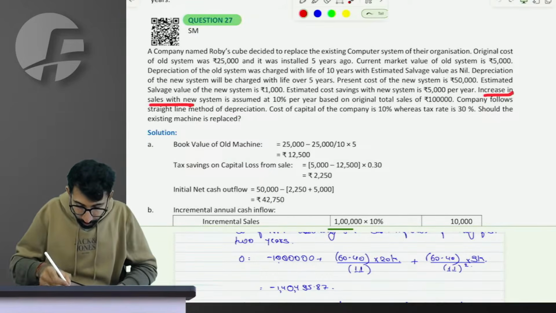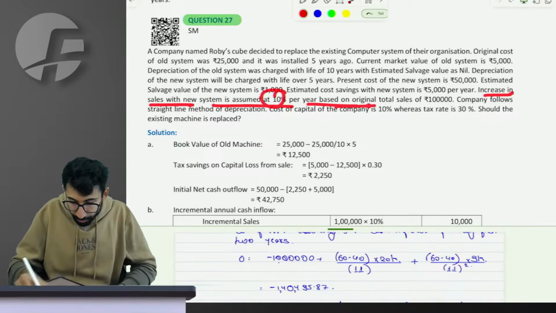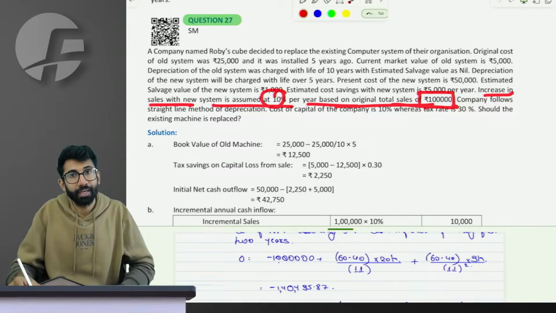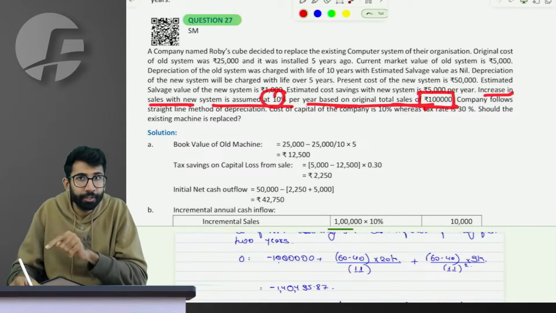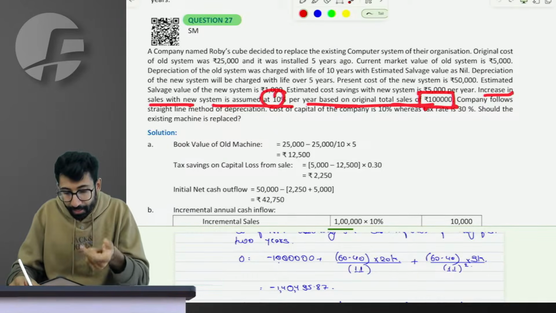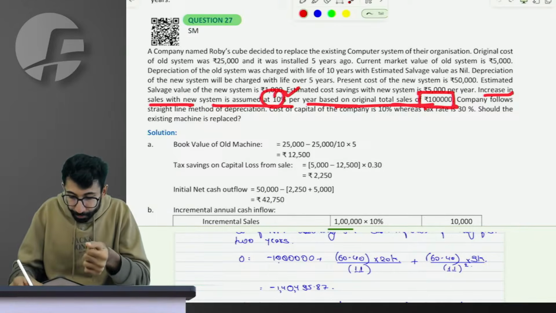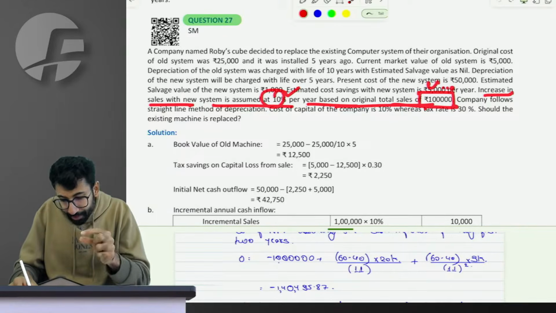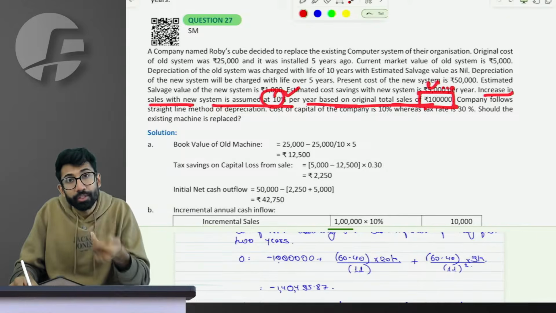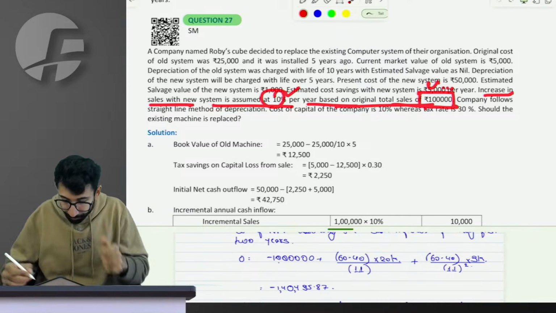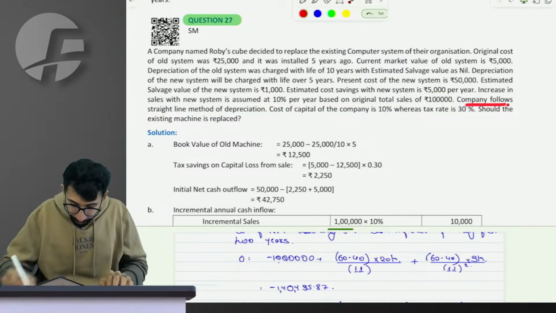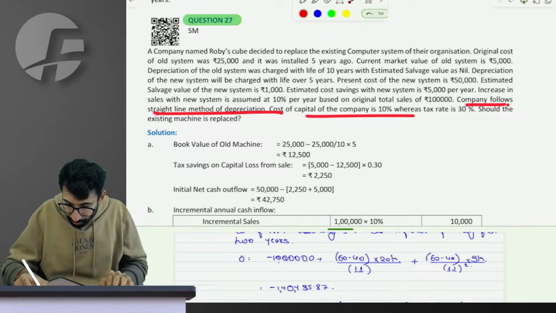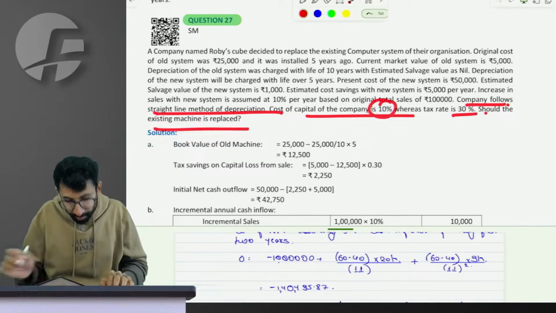Increase in sales with the new system is 10% per year based on the original amount of rupee 1 lakh. What is the benefit of buying a new computer? It will increase my sales by 10% per year, that is, by 10,000 rupees every year. Fine. Company follows SLM, cost of capital 10%, tax rate 30%. Should it be replaced?